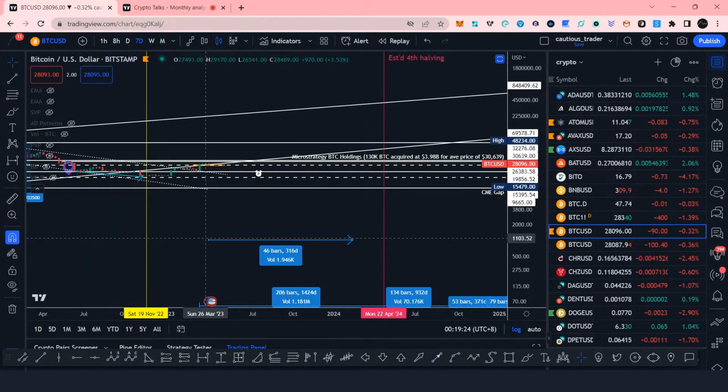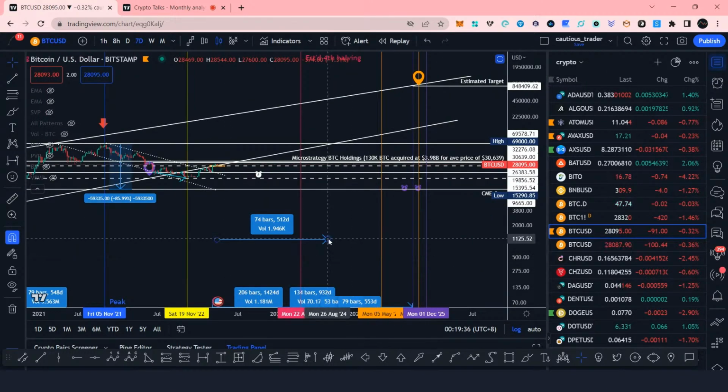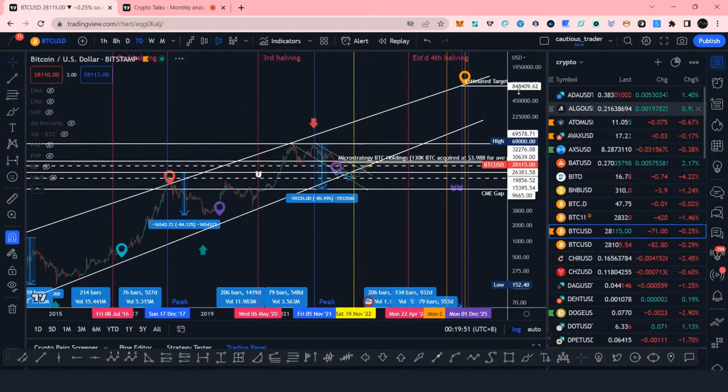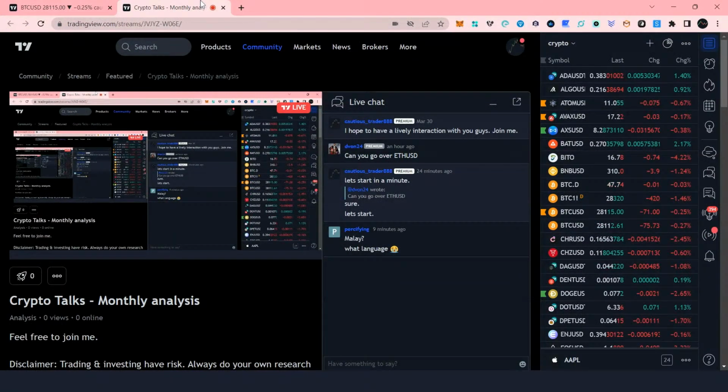Assumptions lang to, kung ilang days pa, no. Very close, no. We still have 764 days before it ends on the earliest possible end of bull run. So anyway, hopefully we can actually join the ride. So I think that's it.